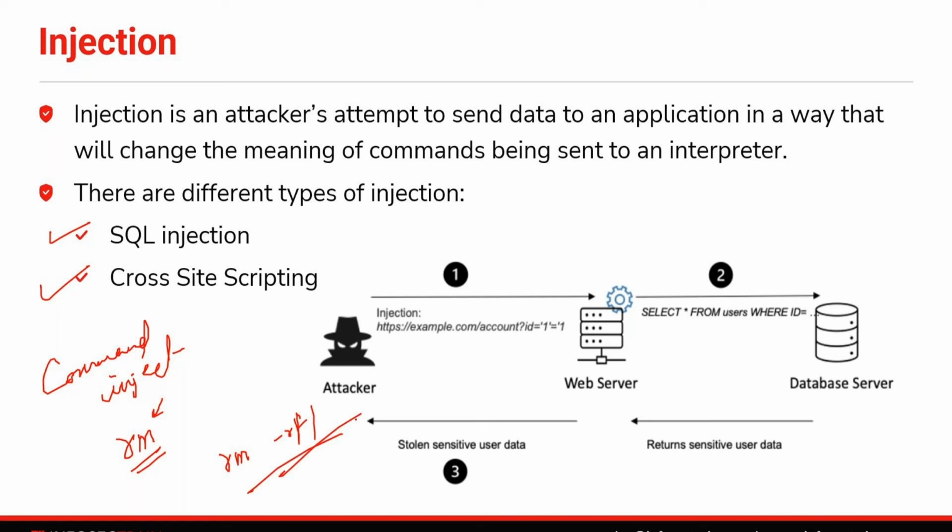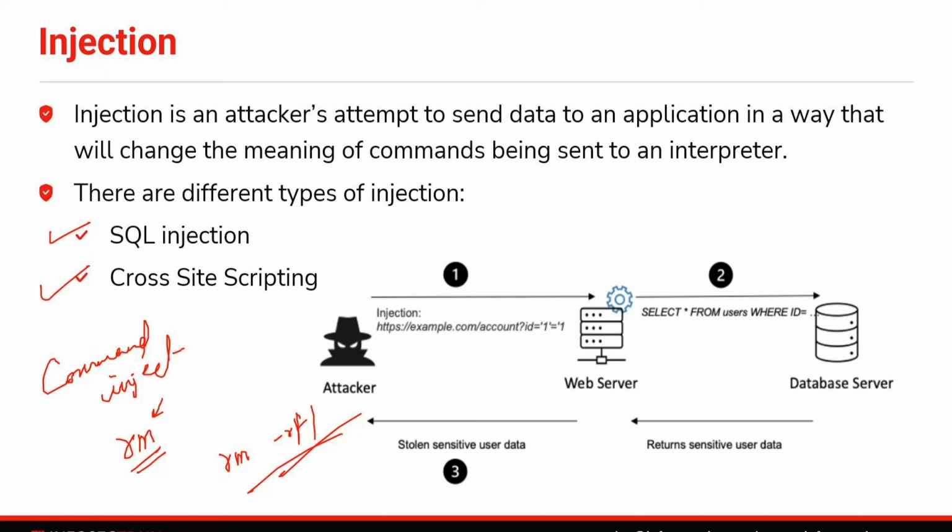And what happens when the attacker injects this malicious input? When this command runs, it deletes the file. It may delete the data, right? So that is command injection. Then we also have code injection.